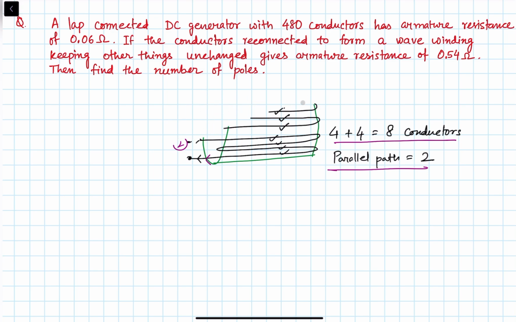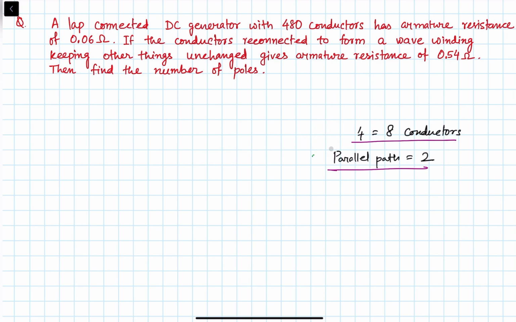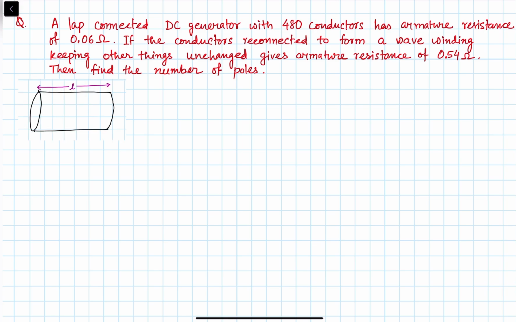In this question we have 480 conductors. Now if the length of the machine is L, then the total length of the conductor will be 480 into L unit, that means centimeter, meter, millimeter, whatever.